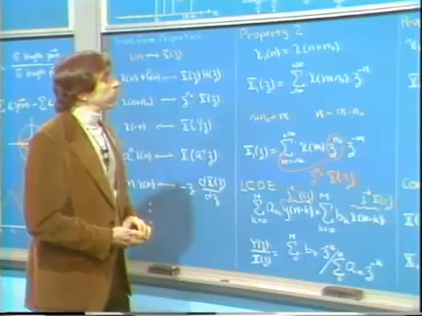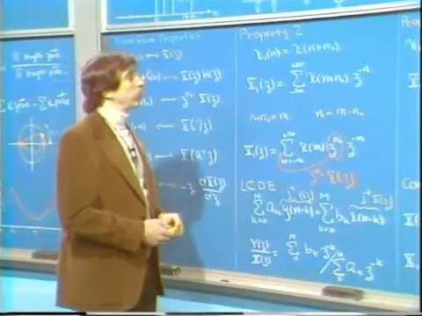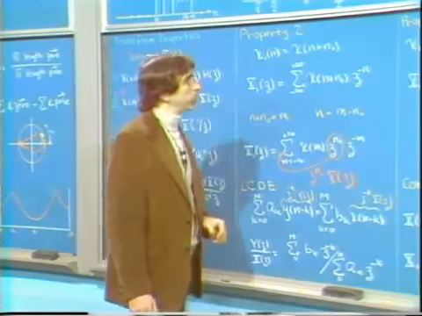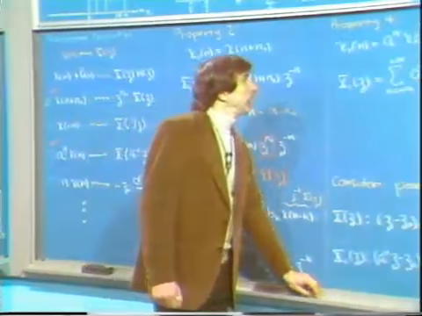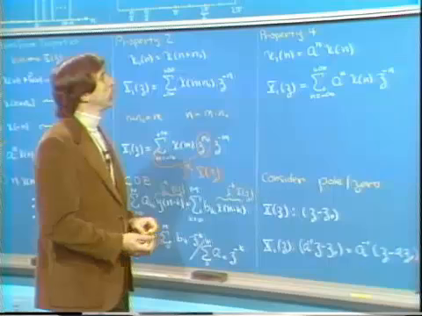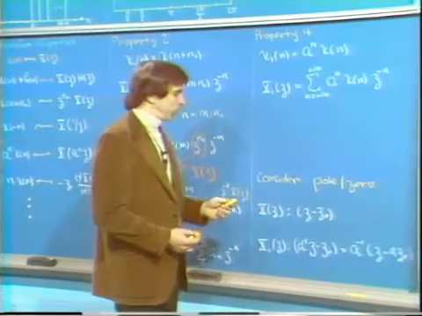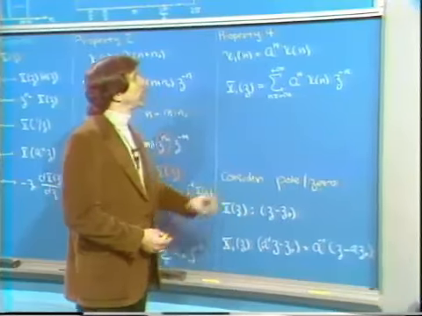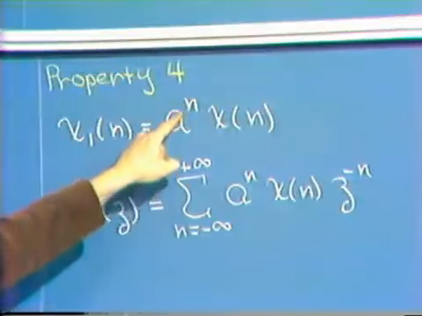Now, the second property that I want to outline the proof for is the property related to multiplication of the sequence by an exponential a to the n.